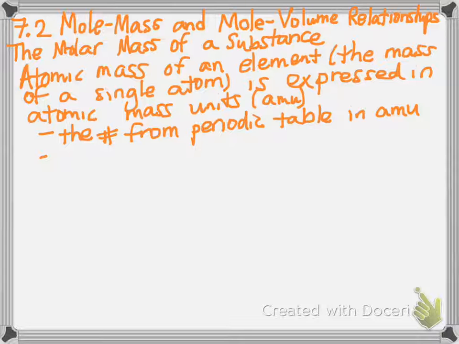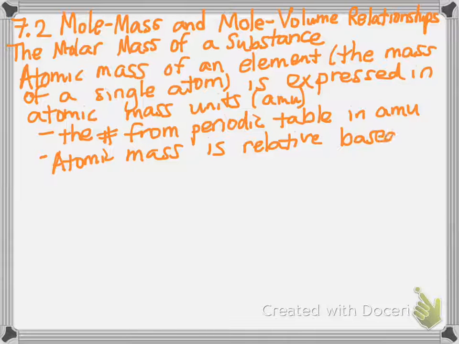Remember that atomic mass is a relative mass based on the mass of carbon-12. So back in Chapter 5, we talked about where the masses of these elements came from.